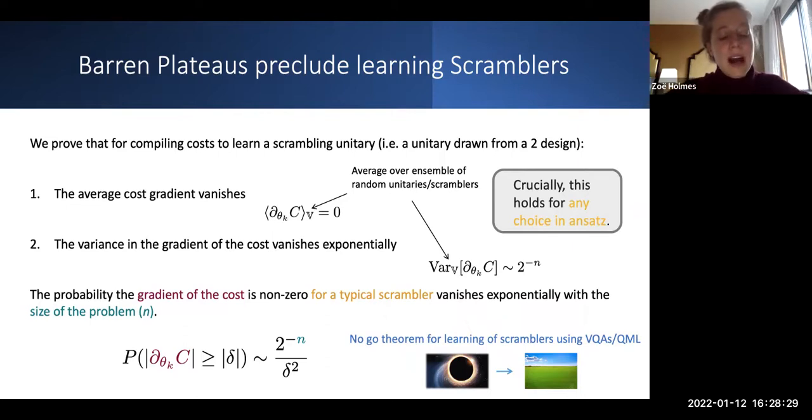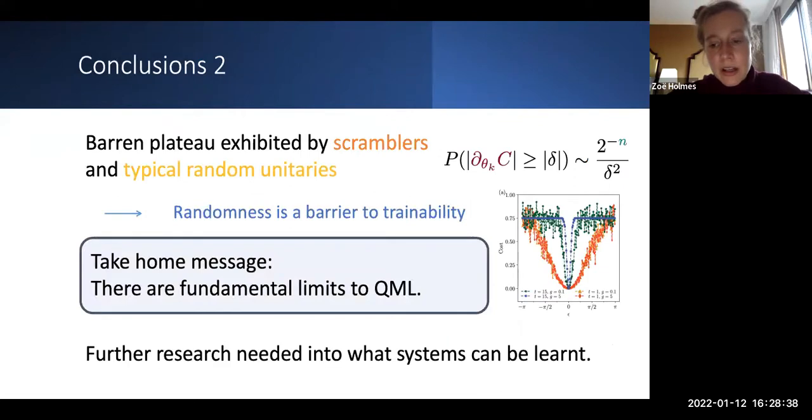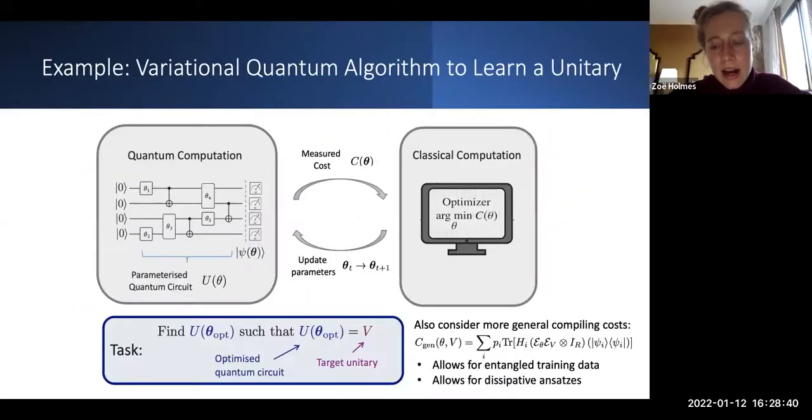You could say, is the class of ansatzes we consider broad enough? Is the class of cost functions we consider broad enough? We consider more general compiling costs and ansatzes than the ones I showed before.